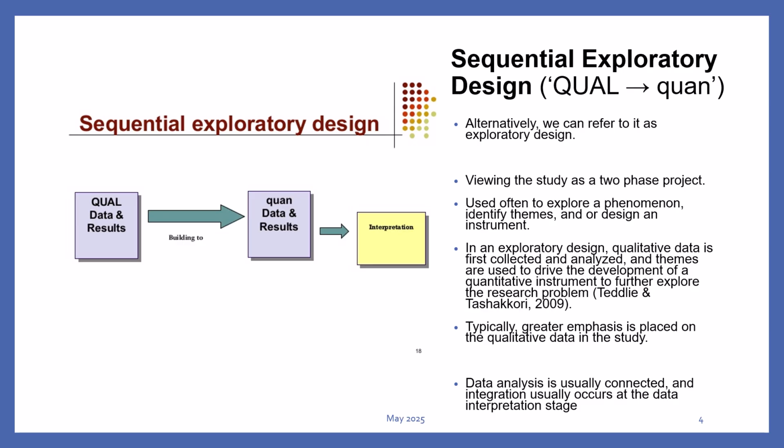For example, regarding data collection, performing a qualitative research using a focus group, or using observation, or using one-to-one interviews, and analyzing it, let's say, using thematic analysis. The themes that are developed based on the qualitative phase or qualitative component are used to drive the development of a quantitative instrument to further explore the research problem in a quantitative manner, as we have mentioned.